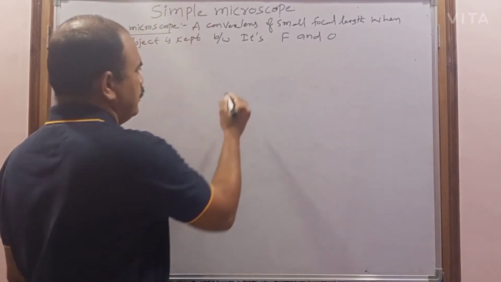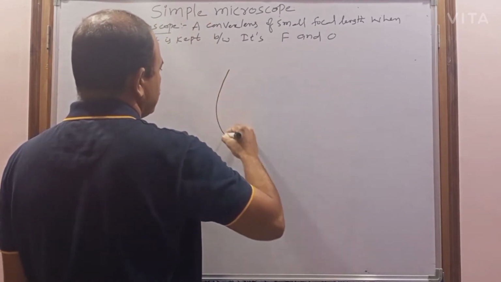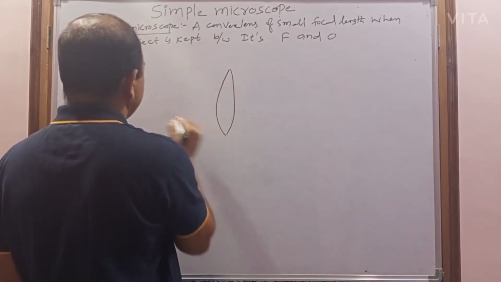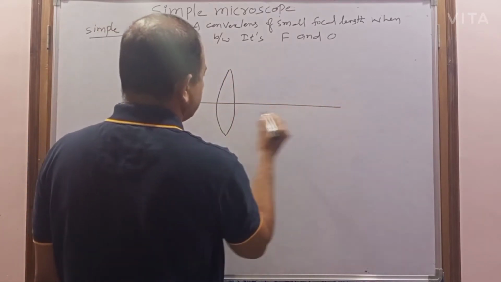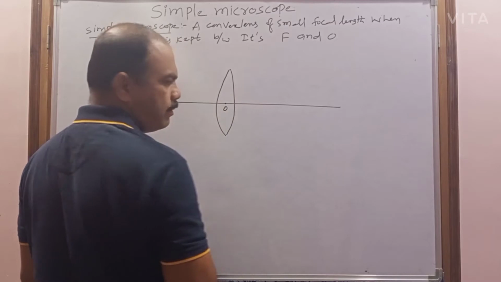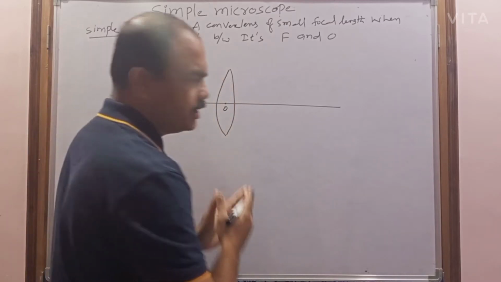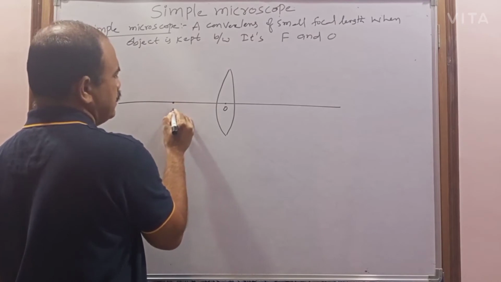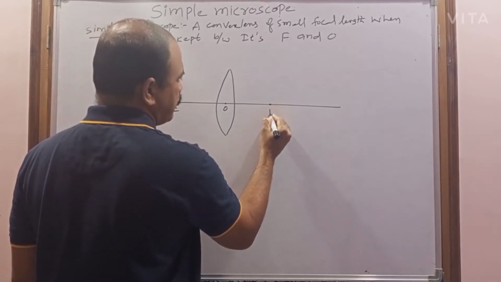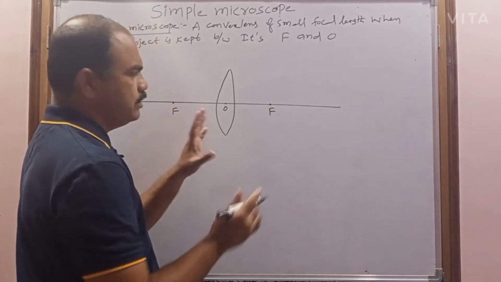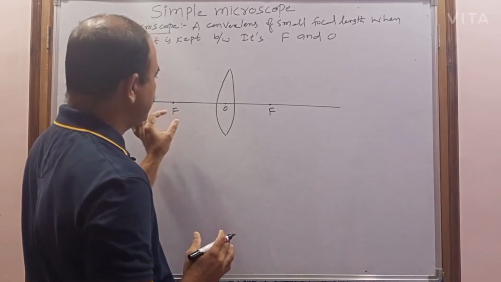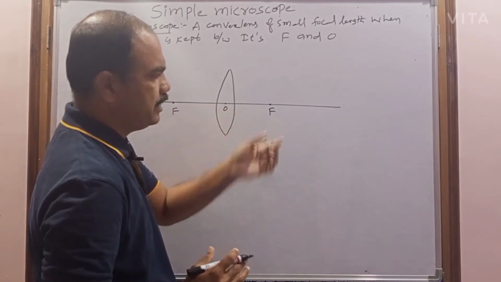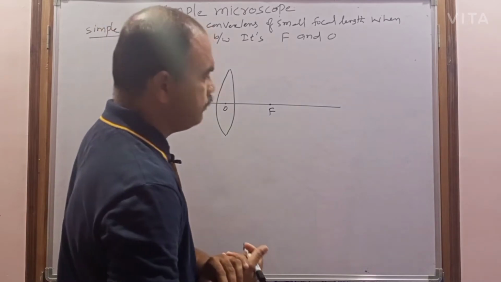Consider this a convex lens of small focal length, this is the principal axis and this is the optic center. It has equal curvature on both sides, so let us consider this the first principal focus and this the second principal focus. On both sides it has the same focal length, so I am taking the first principal focus as F and the second principal focus also as F.